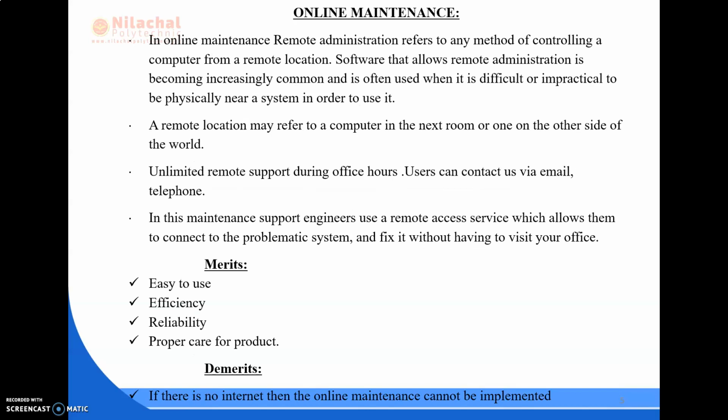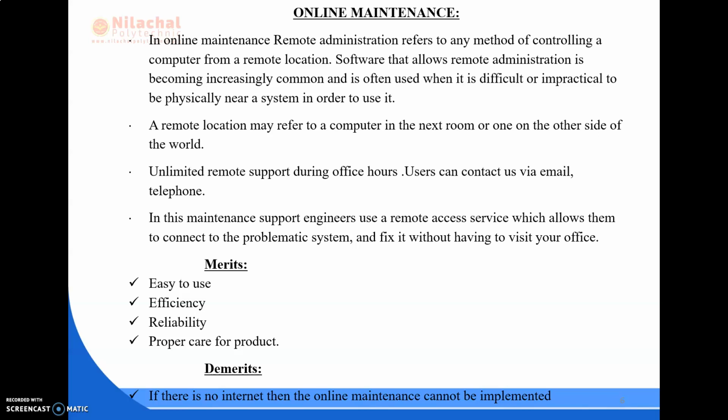Next, we have online maintenance. In online maintenance, remote administration refers to any method of controlling a computer from a remote location. Software that allows remote administration is becoming increasingly common and is often used when it is difficult or impractical to be physically near a system in order to use it.